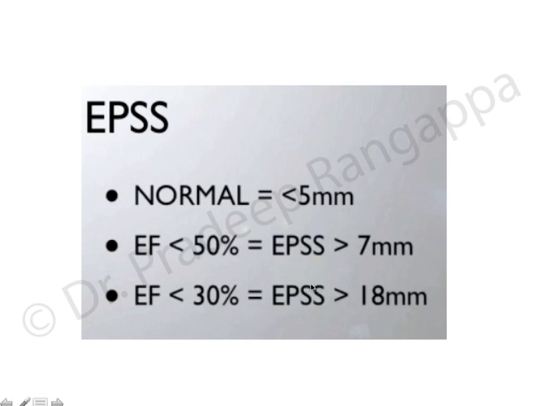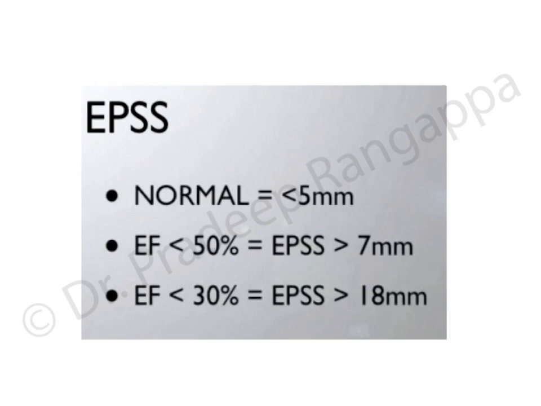If your E point septal separation is more than 18 millimeters, then the ejection fraction is less than 30%. You have to remember only two values, 5 and 18. That's all.